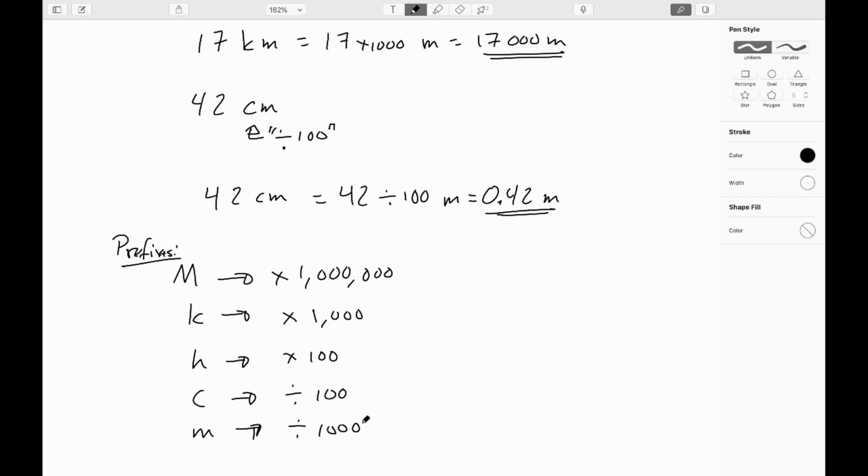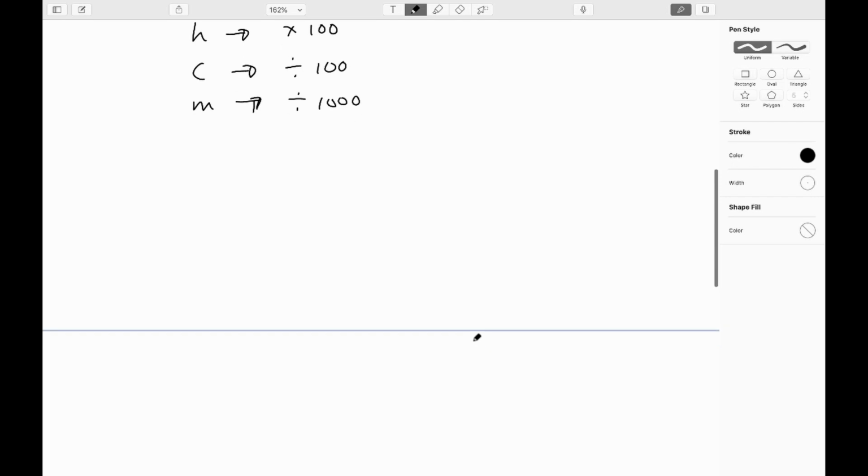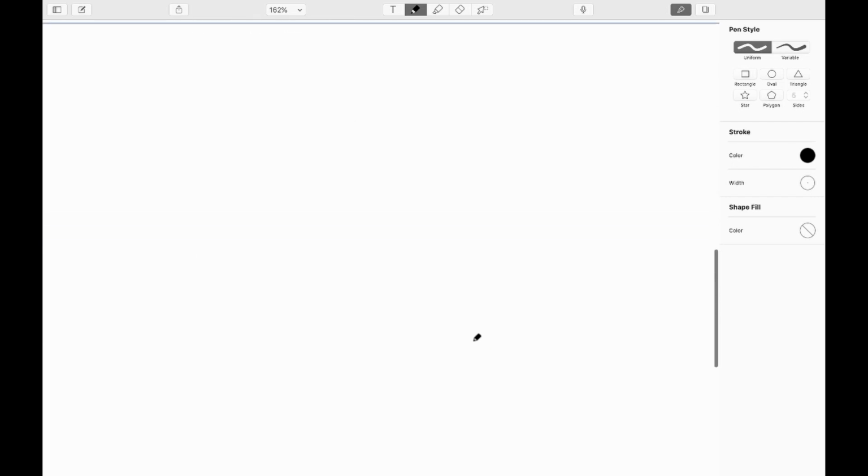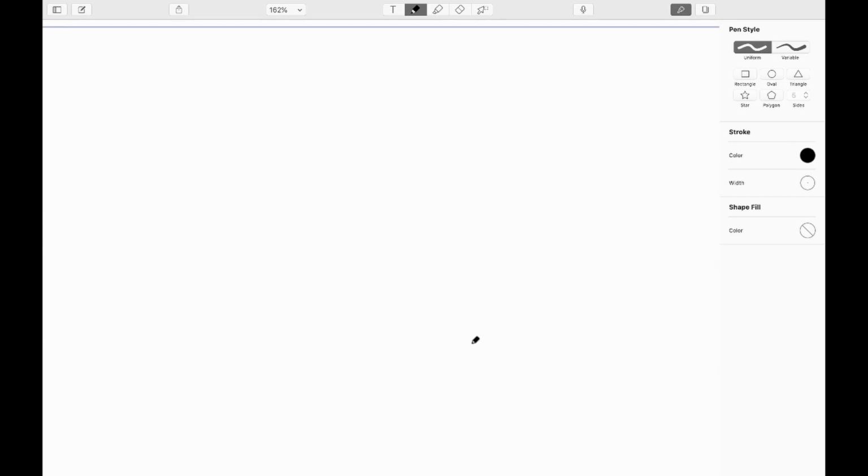So for things that are more than just popping the decimal point back and forth, or get more complicated, I have become a fan of what I like to call the fencepost method. I think some people call it that. I don't know if everybody does.